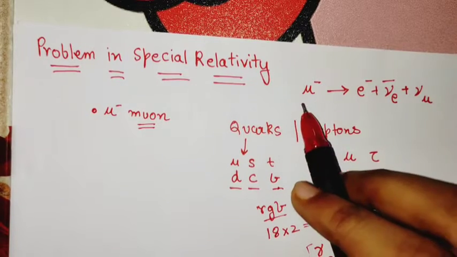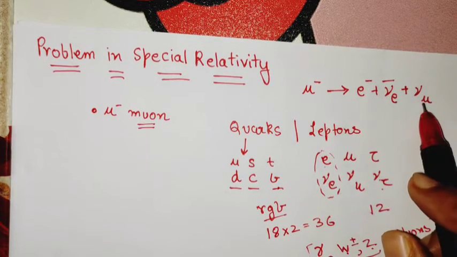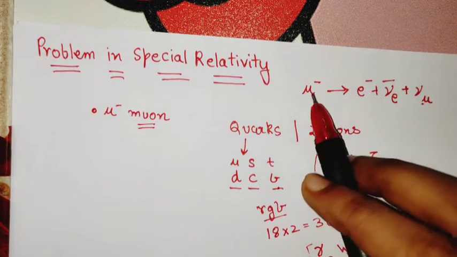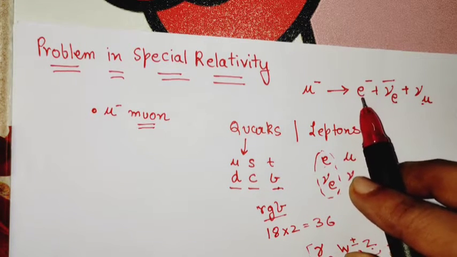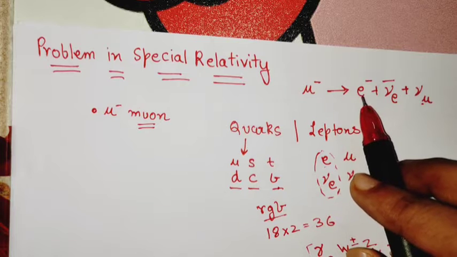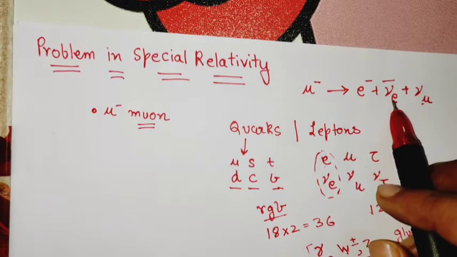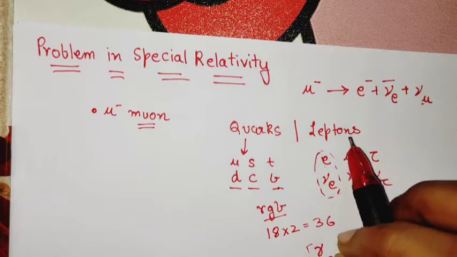In this kind of decay, it is good to look at the various numbers that are conserved. The lepton number, or lepton flavor, associated with the electron is +1, and with the anti-neutrino of the electron it is -1, so the total is 0.